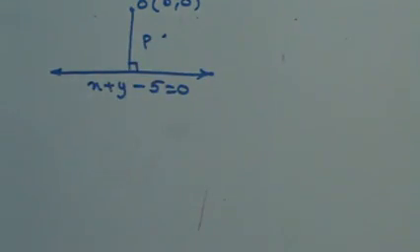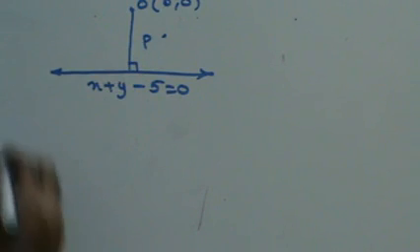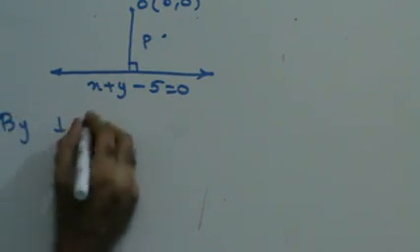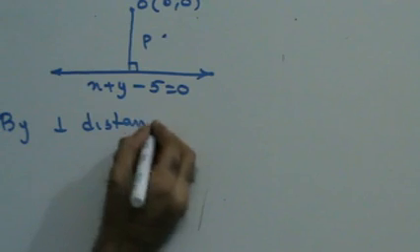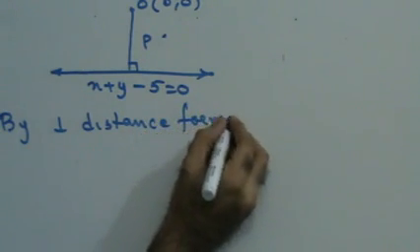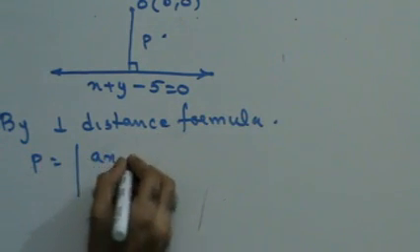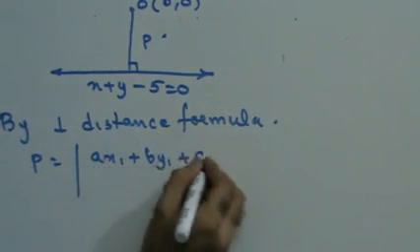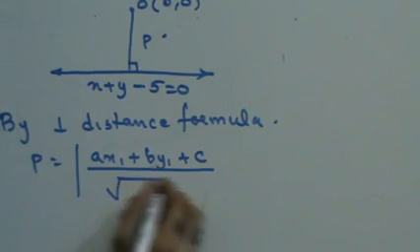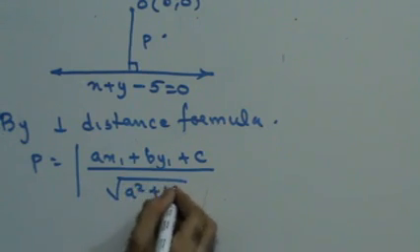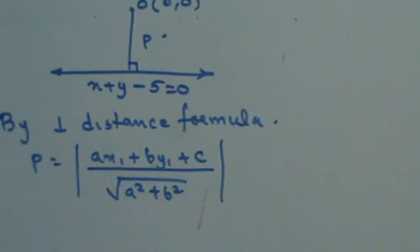That means I can now use the perpendicular distance formula. By perpendicular distance formula, perpendicular distance is equal to (a x1 plus b y1 plus c) upon square root of a square plus b square. Right?